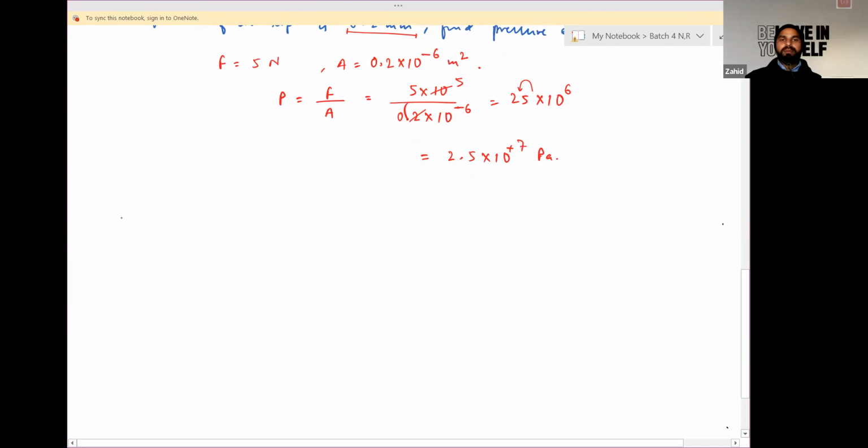Next is we have to define for fluid. So pressure exerted by column of liquid. This particular pressure is also called gauge pressure, denoted by Pg.